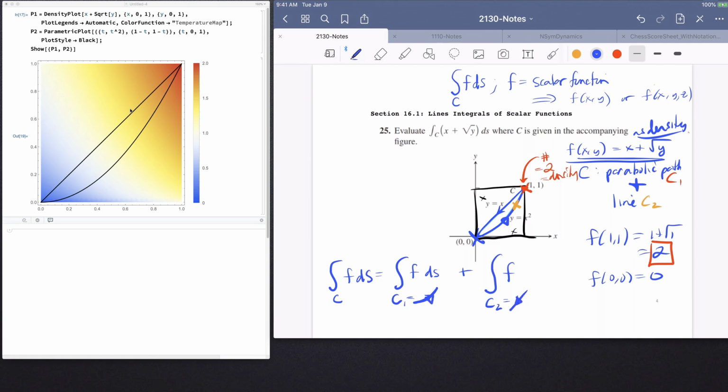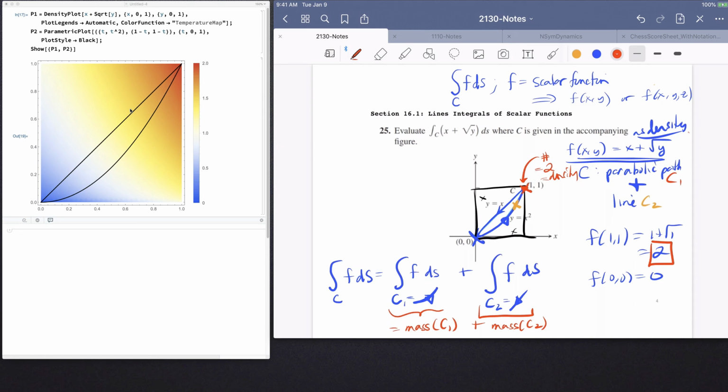The interpretation of each of those integrals is that it would be the mass of the first part of the curve C1, and the mass of the second part of the curve C2, with density function f.